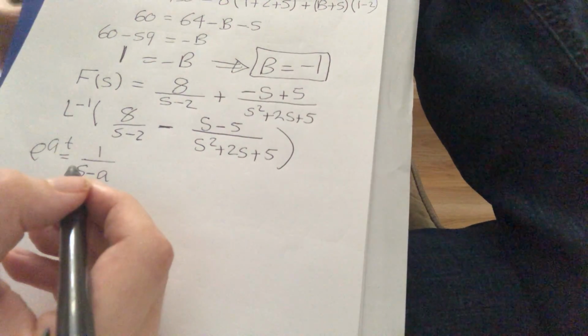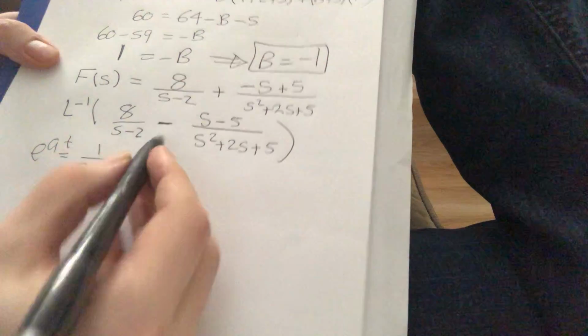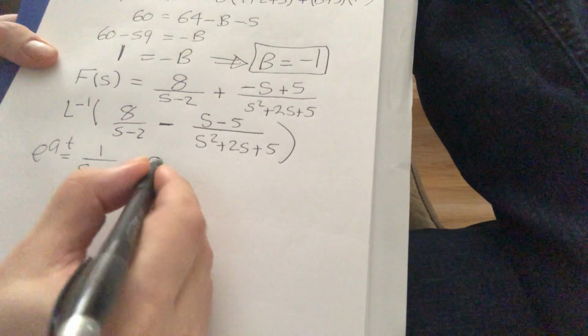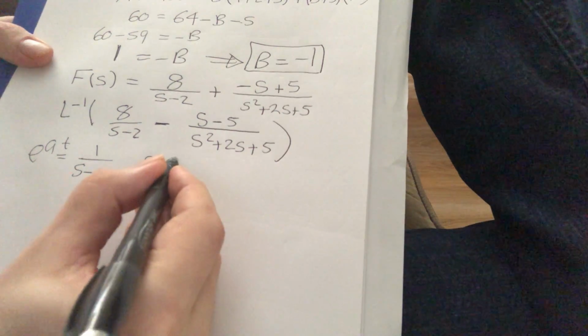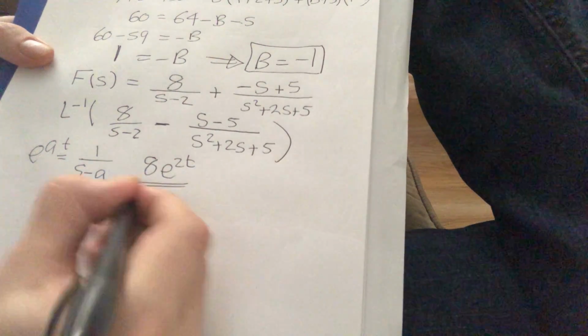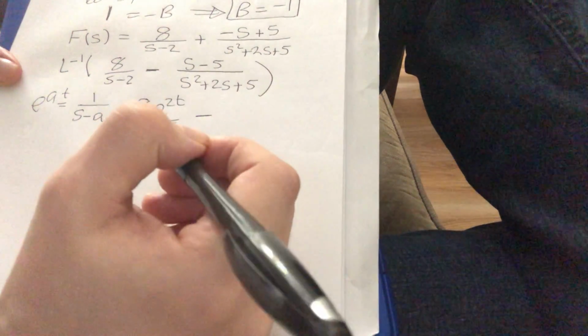So now I know that I'm going to use this rule, but the constant is 8, and the value of a is 2, so e to the 2t. So this is the answer for the first one. And there's a minus.